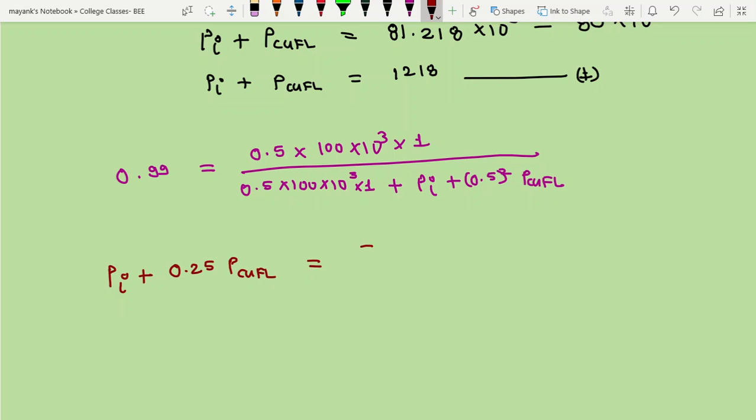So 50 into 10 raised to the power 3 divided by 0.99 minus 50 into 10 raised to the power 3.